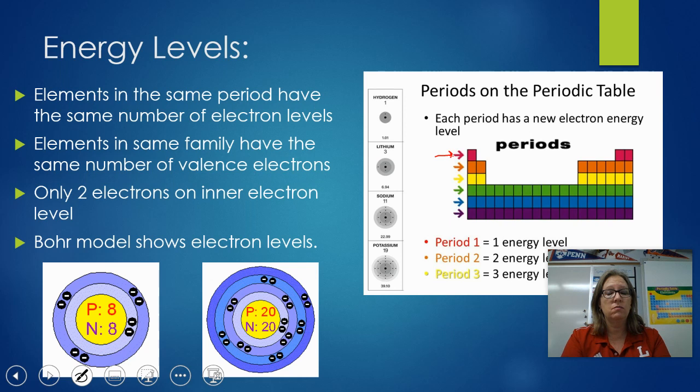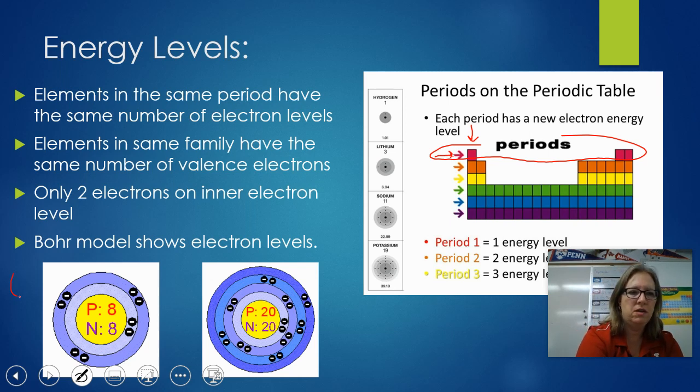And then the elements within the same family, remember that's these vertical columns, have the same number of valence electrons, and those valence electrons are those outer electrons. The very inner level, so for this top period, there's only a spot for 2 electrons there.